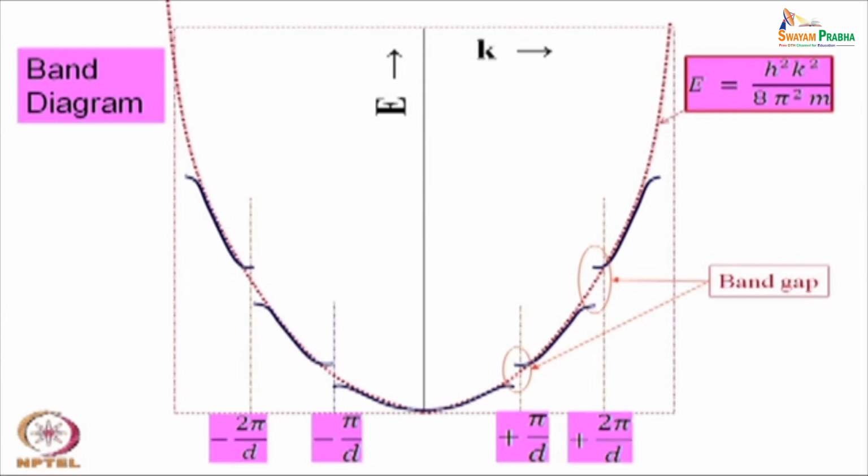So, normally the lower band will be occupied first, and then if the number of electrons is more than the number of energy states available here, then it will go to the next band.